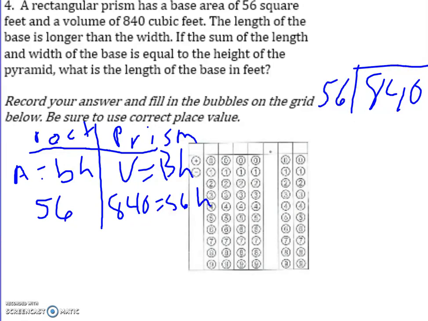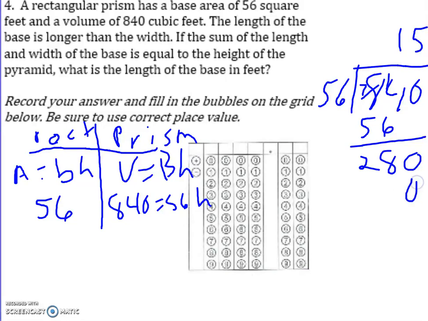So we're going to go in there one time. We're going to borrow. 8 times. And then we're going to go in there 5 times. 5 times 6 is 30. 5 times 5 is 25. Plus 3 is 28. So we have a height of 15.